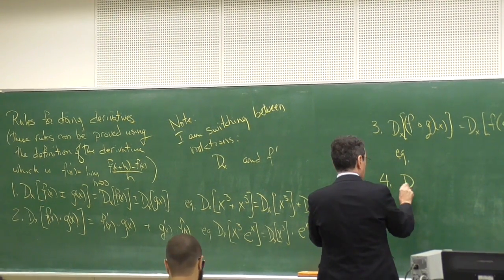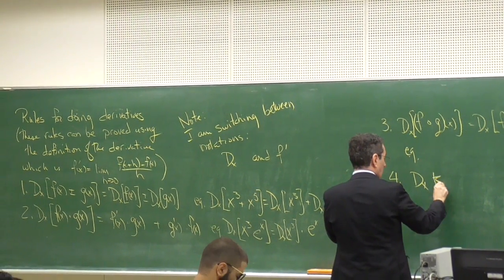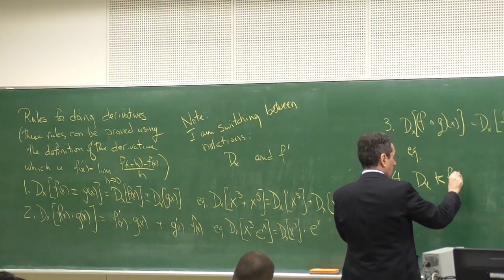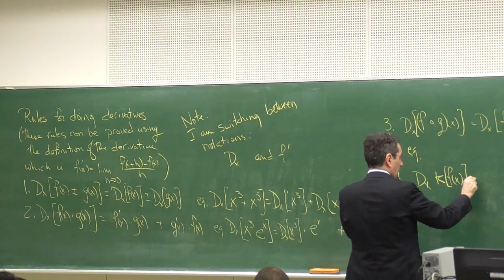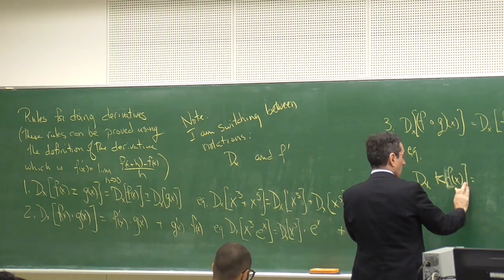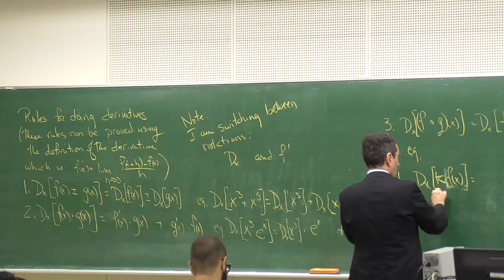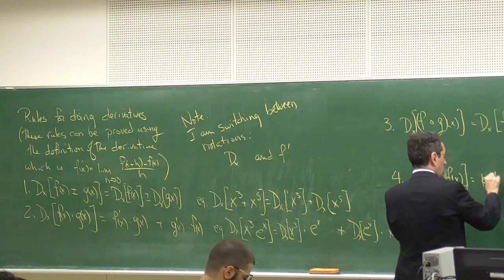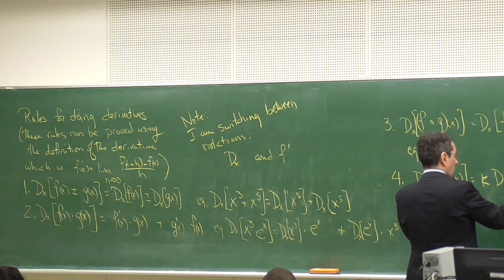It says that the derivative of k times f of x equals k times the derivative of f of x.